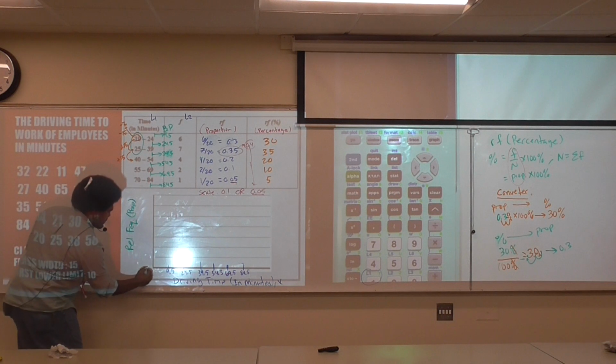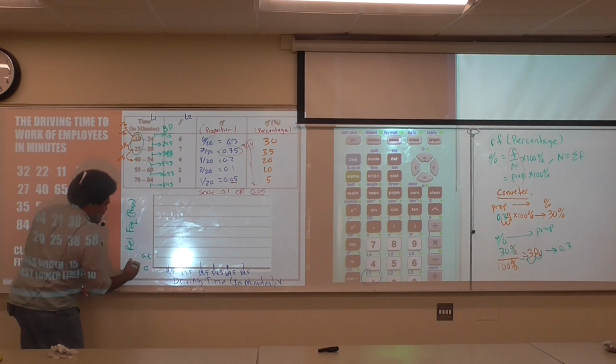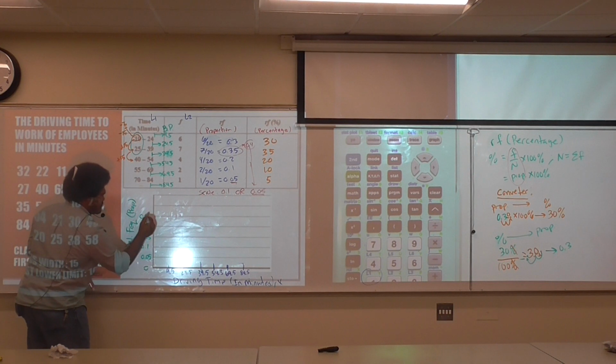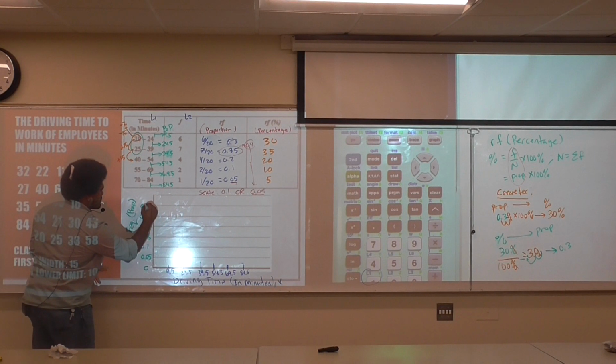So coming over here, 0 on the bottom, I have my 0.05, then my 0.1, my 0.15, my 0.2, my 0.25, my 0.3, and my 0.35.